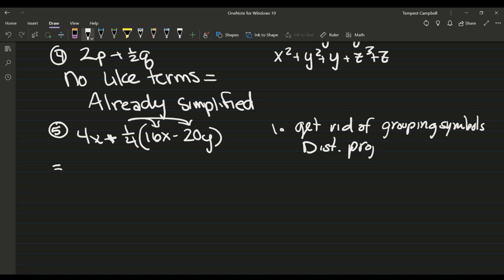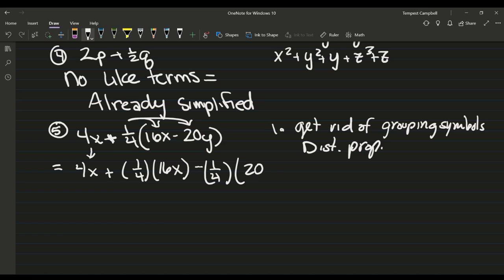You already use the distributive property. So we can bring down our 4x plus, now we have 1/4 times 16x minus 1/4 times 20y. Okay, so we simplify, we get 4x, 1/4 of 16 gives me 4x, minus 1/4 of 20 is 5y.